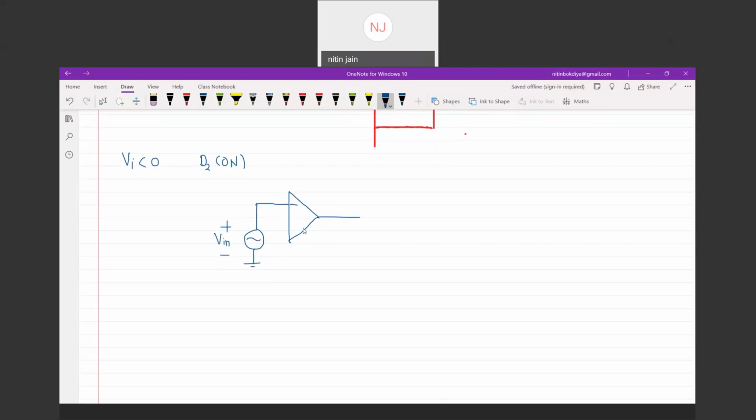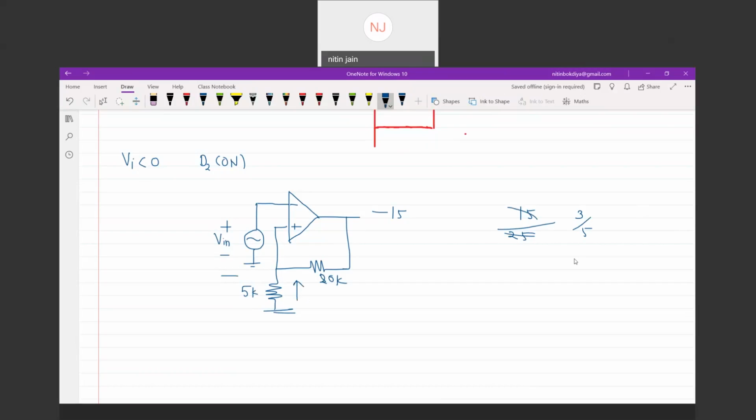This is 5 kilo ohm and this is 20 kilo ohm. This voltage is minus 15 volt. So what is the current? 15 divided by 25, that is 3 divided by 5, is the current in this direction.